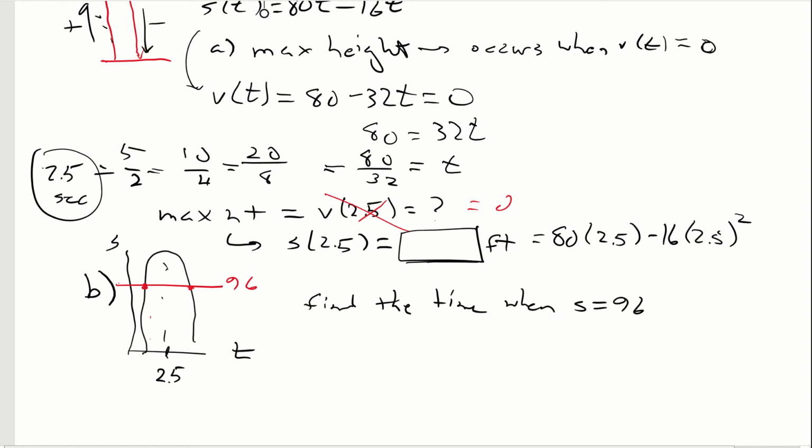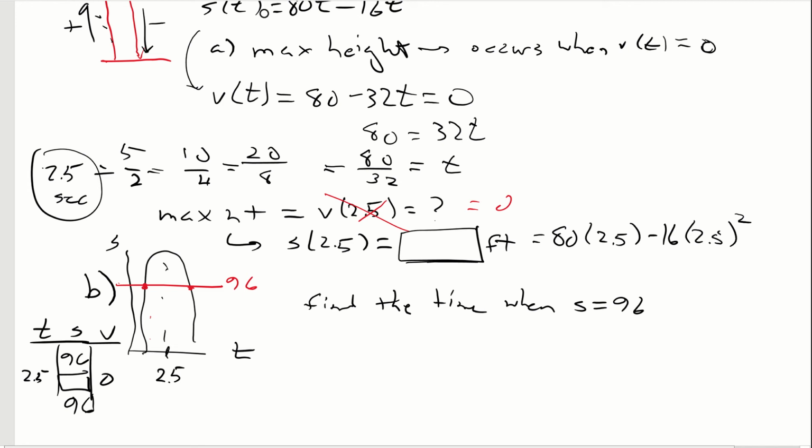Now remember, the position function, time, position, but then you have a third guy, velocity. So at 2.5, we have velocity is 0, and we have your answer to part A. But before that, and perhaps after that, we have a position of 96, which is going to be less than the answer in part A, presumably.